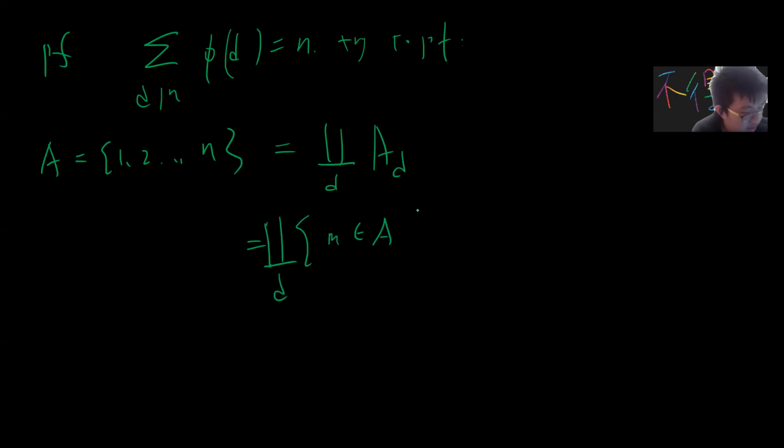such that m and n have D as a common factor, so the GCD is D. Okay, and you can check that these sets are disjoint. Why? Because for each fixed m, there's only one possible GCD with n.